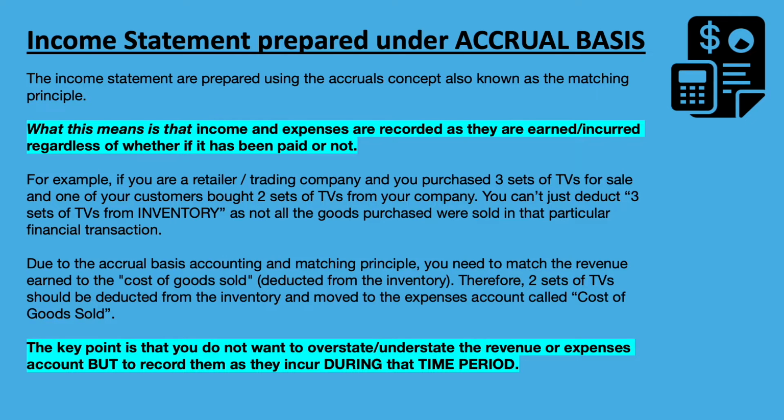Due to the accrual basis accounting and the matching principle, you will need to match the revenue earned to the cost of goods sold deducted from the inventory. Therefore, 2 sets of TVs should be deducted from the inventory and moved to the expenses account called cost of goods sold. The key point is that you do not want to overstate or understate the revenue or expenses account, but to record them as they incur during that time period.